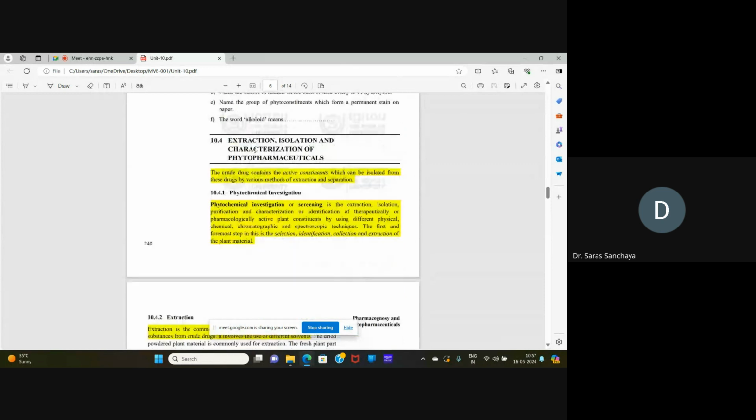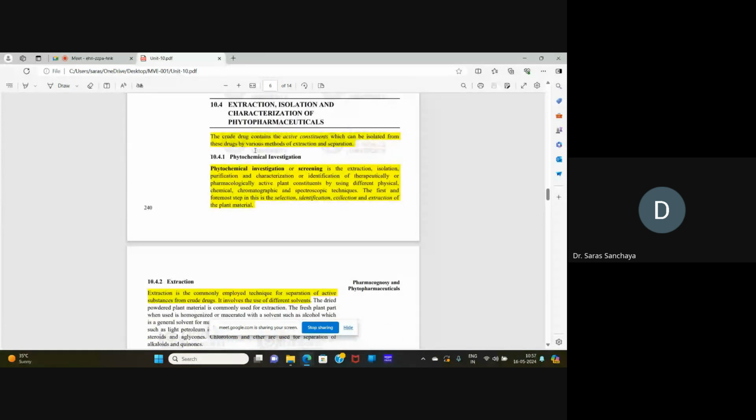Now, extraction, isolation, and characterization of phytopharmaceuticals. The crude drug contains active constituents which can be isolated from these drugs by various methods of extraction and separation. First, phytochemical investigation.